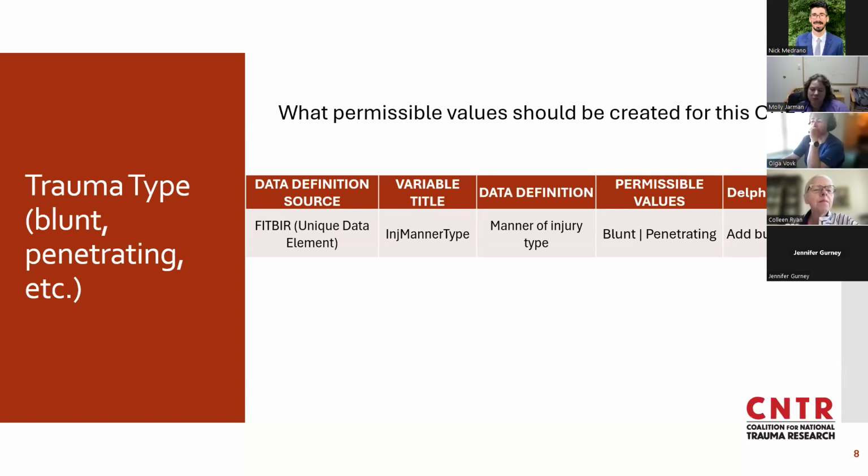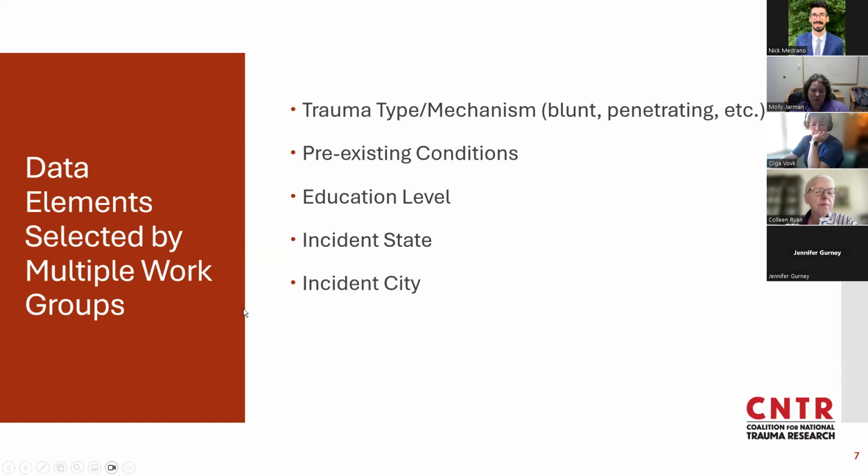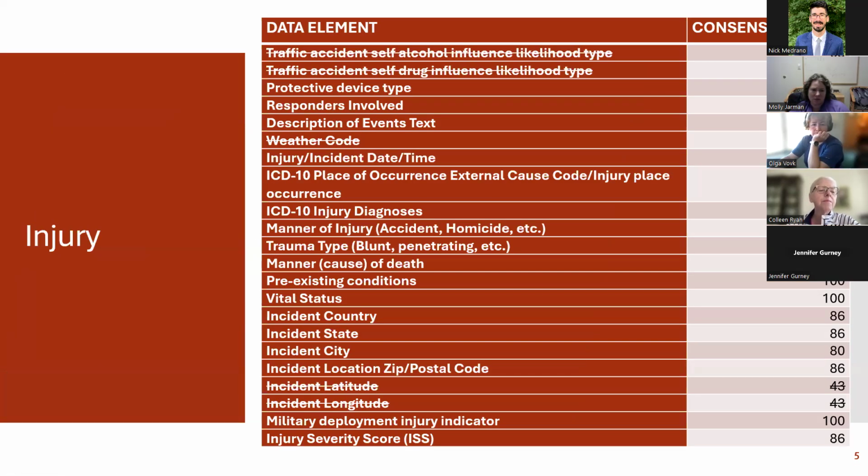Don't we have a separate data element for the more granular mechanism? We have two different ICDs related to much more specifics. I would say the place of occurrence external cause code is maybe what you're referring to for a mechanism.